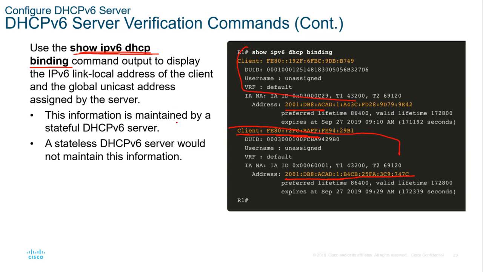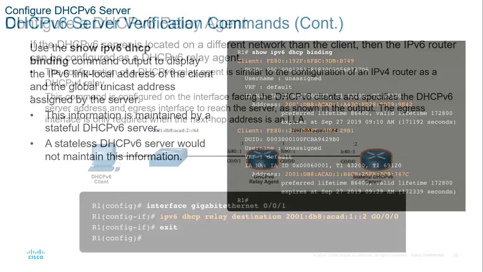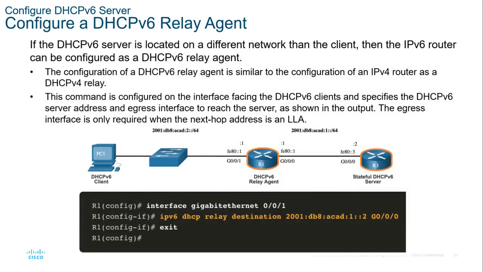This information is maintained by the stateful DHCP server. A stateless DHCP server would not maintain this information, because for stateless the information keeps on changing, but for stateful it is always that until the lease expires.